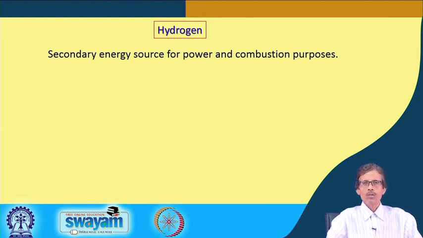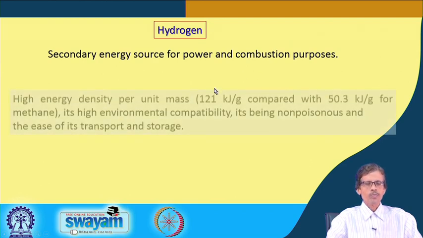That means it should not have a very high cost of production. We can use it for power production as well as for different combustion processes, because hydrogen can be utilized in the presence of something where we can go for its combustion.